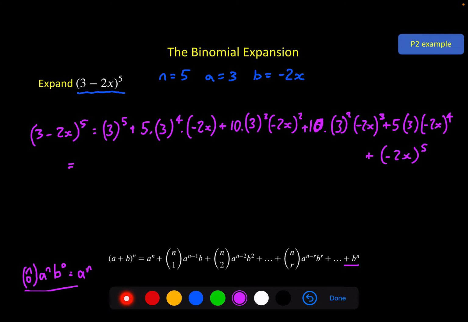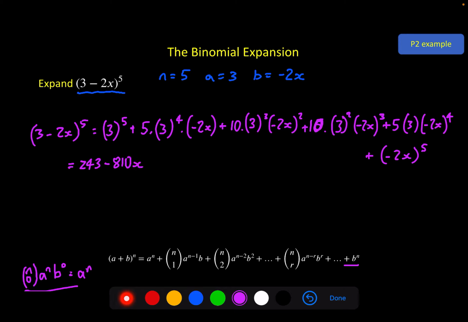So we've got 3 to the power 5. If that's not too big of a number, do that. This is 243, that's fine. But if it's going to be a ridiculously large number, potentially you could just leave that in index form. 5 times 3 to the power 4 times minus 2 is minus 810.